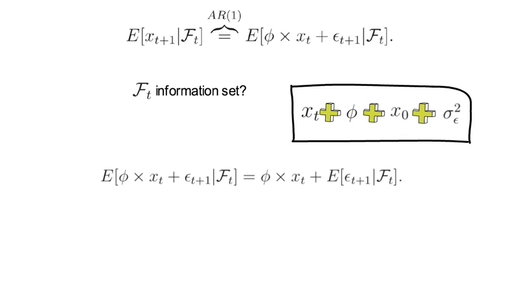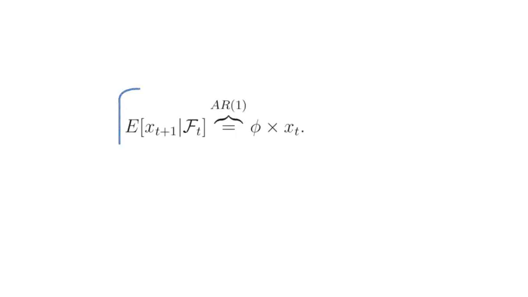And here the assumption of epsilon t being an IID white noise process is really important. It tells us that this last expectation, the expectation of epsilon t plus 1 conditional on Ft, is indeed 0. Hence the conditional one step ahead forecast for xt plus 1 is in fact phi times xt. So we summarize that in the last equation.